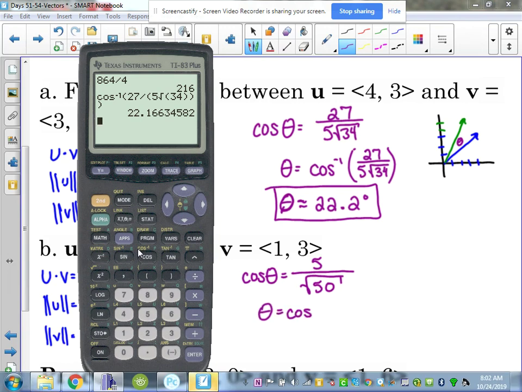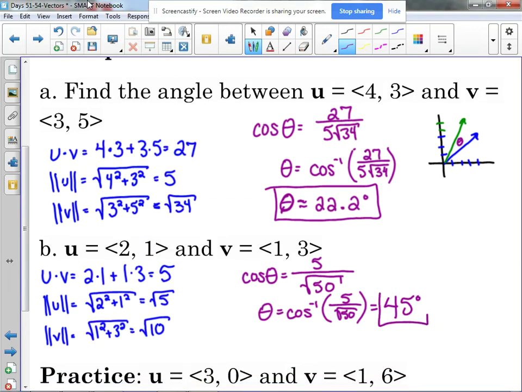So again, we are of course doing the inverse cosine. 5 over the square root of 50. No extra parentheses necessary here. And look at that, it gives us exactly 45 degrees. This one is not an approximation. Our angle is 45 degrees.